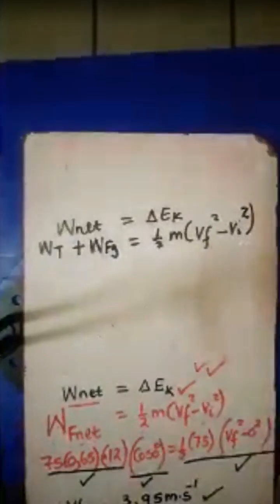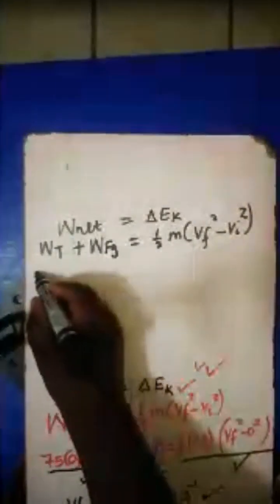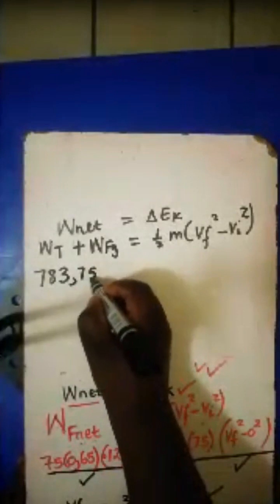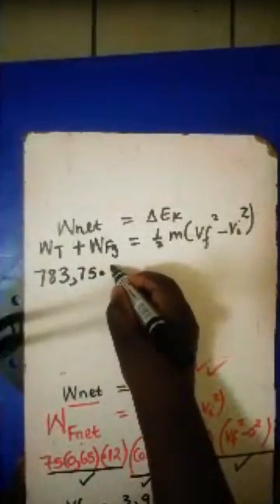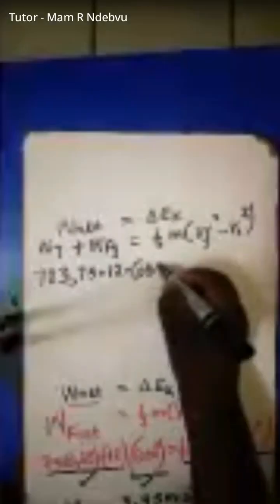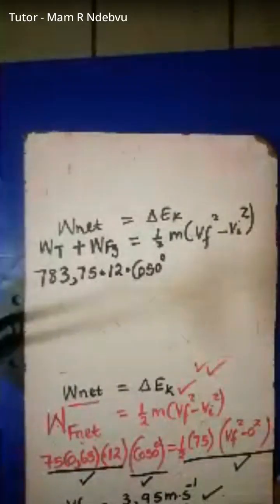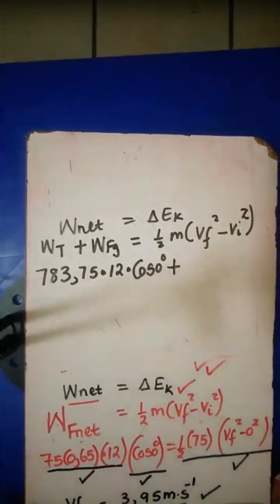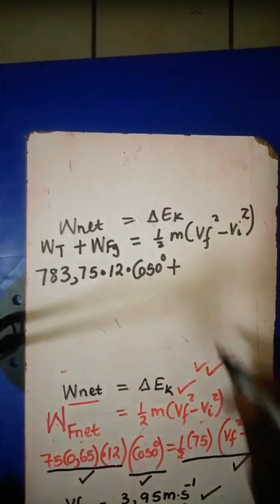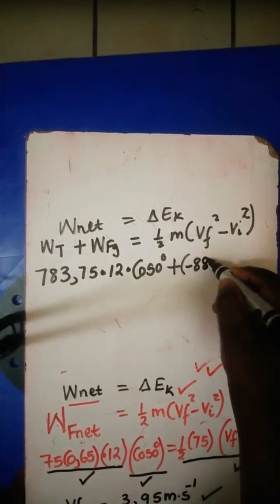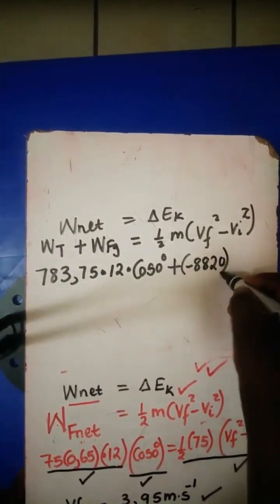Because Elena has already got tension, 783.75 multiplied by distance, which was 12. Tension will be cos 0 because motion and tension are in the same direction. Plus work done by gravity, I think we get it. Why do we stress ourselves? It was 8,820. Do you still remember that, colleagues?